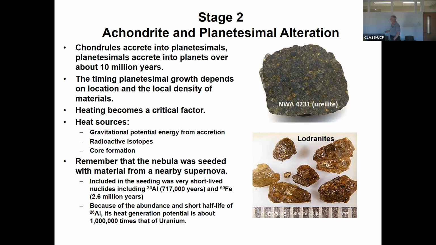And also, it's very abundant. Because of its abundance and short half-life, its heat generation potential is something like 1 million times greater than that of the uranium content of the terrestrial planets. So it's a huge input of heat early on.